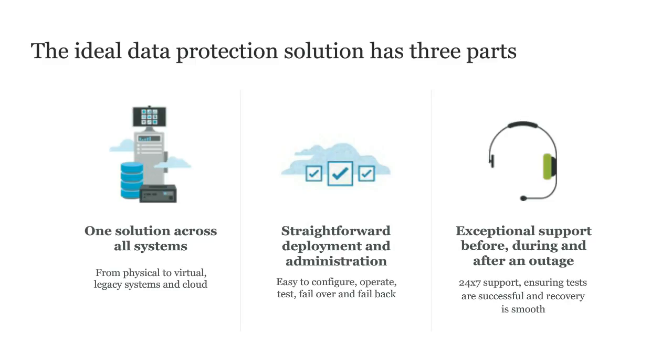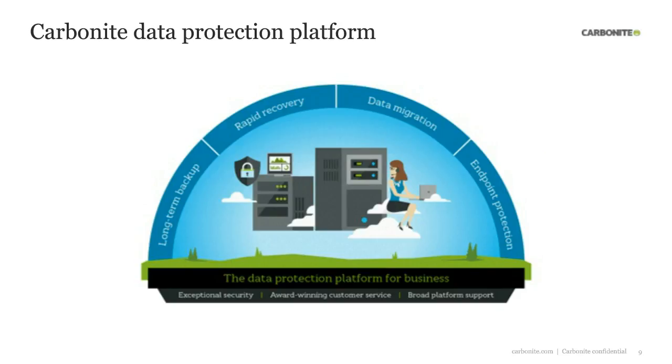So when we're looking at our approach to data protection, we look at it as an entire data protection platform. As I pointed out on the prior slide, we look at it as a single thing. The single thing is that your business is resting on an IT infrastructure that is comprised of servers and endpoints, of clouds and physical systems, of virtual systems, of all sorts of things.